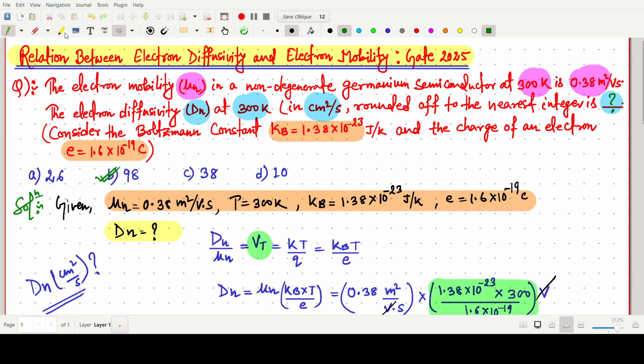So option number B is the correct answer for this question. The answer is 98 centimeter square per second.